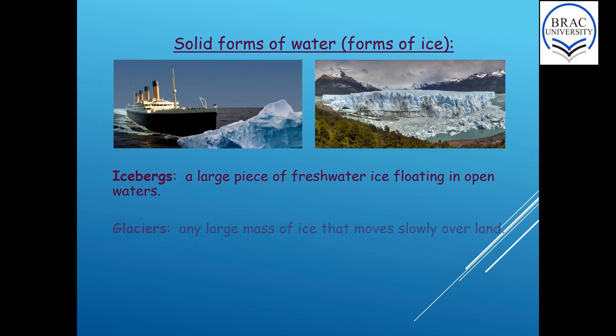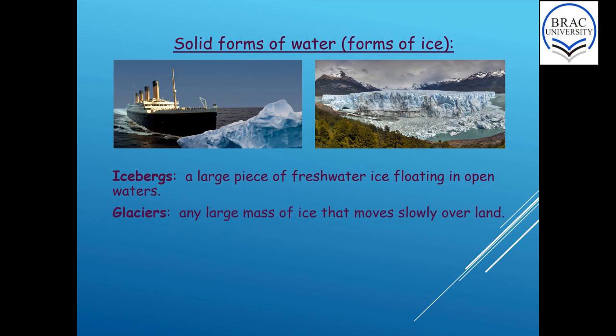And the glacier, what is glacier? Glaciers begin to form when snow remains in the same area year round, where enough snow accumulates to transform into ice. Each year, new layers of snow bury and compress the previous layers. So, any large mass of ice that moves slowly over land is known as glacier. Mostly glaciers are found in Antarctica and Greenland, but they are also found in every continent of the world.